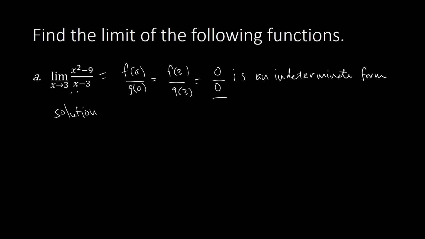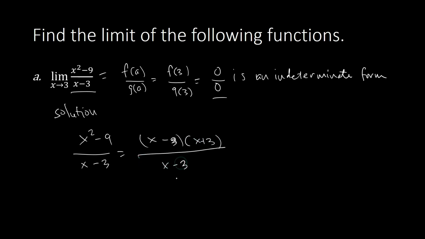Okay, so this is what we do. By now, you should be kind of familiar with functions that appear like this. I hope that you can recognize that this one has a common factor, because x squared minus 9 is just equal to x minus 3 times x plus 3.